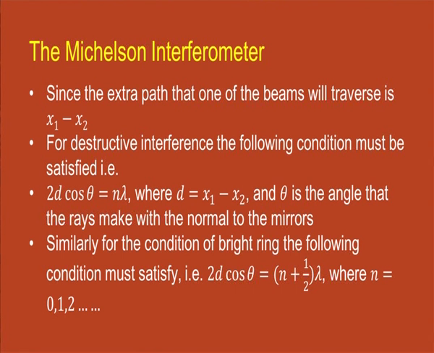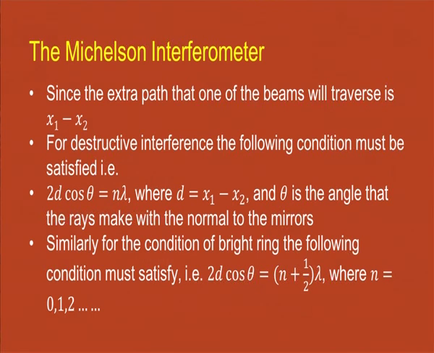Similarly, for the condition of bright ring, the following condition must be satisfied, that is 2d cos theta is equal to (n plus half) lambda, where n takes the integer values 0, 1, 2, 3 and so on.